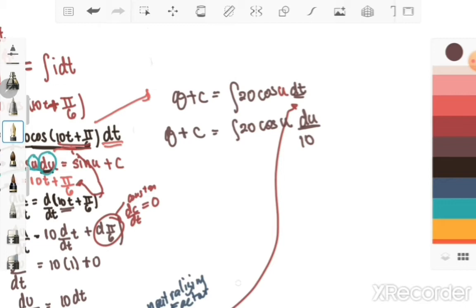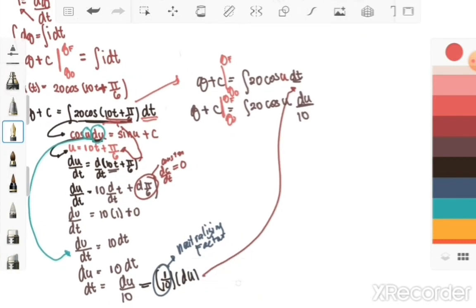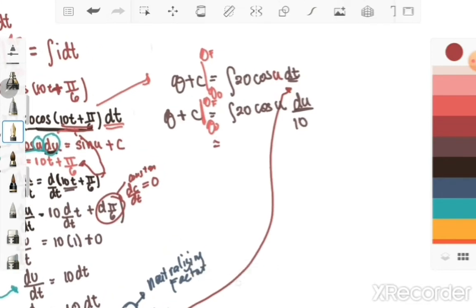Never forget the limit of your q plus c, which is q sub 0 to q sub f. Right? So, we may proceed to the integration.